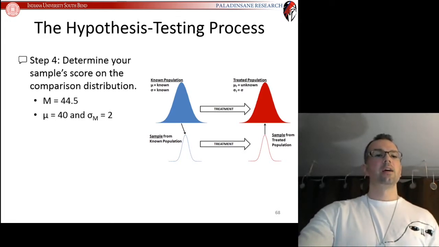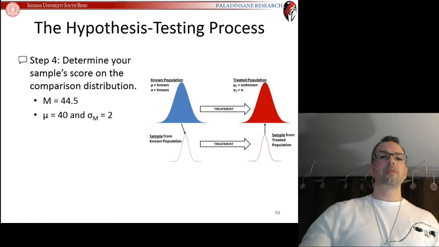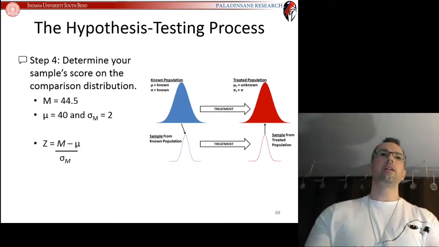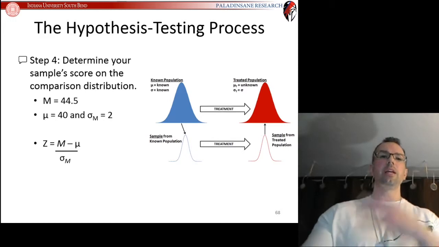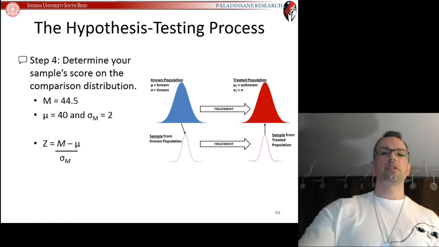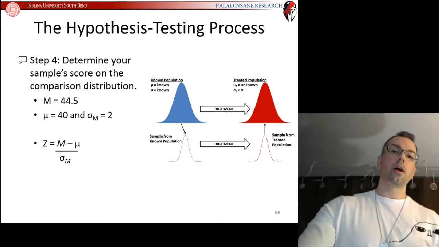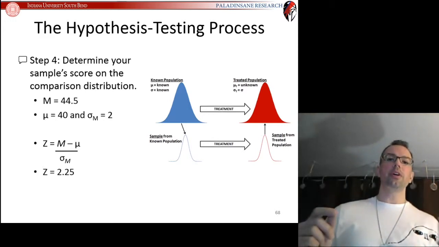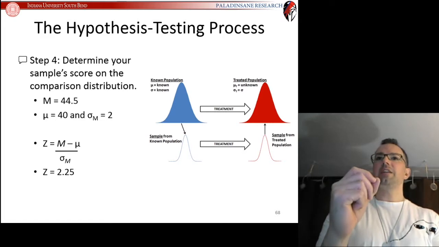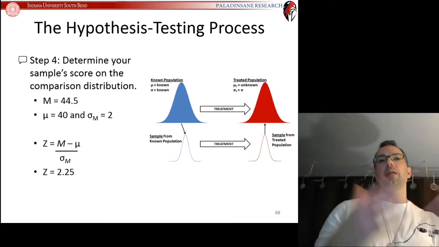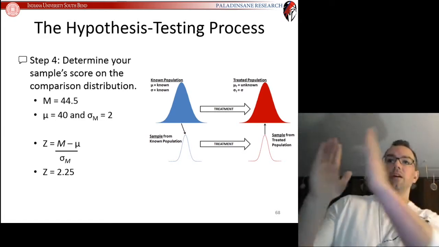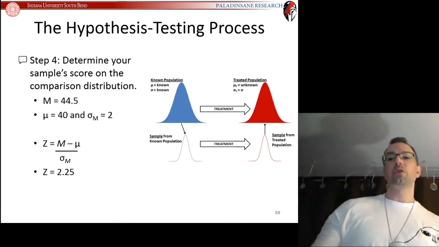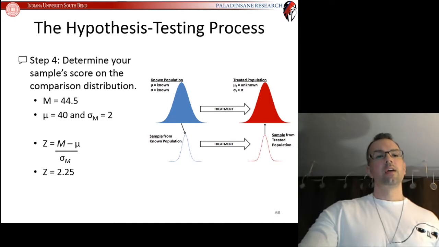That's what we got from step 2. So now putting that all together into our z-score formula, we substitute in sample mean, comparison mean, and comparison distribution standard deviation, crunch our numbers, and we get a z-score of 2.25. So this is a different z-score than the first time through, again, because our sample mean has changed, so its position on the distribution has changed. Now it has a z-score of 2.25.